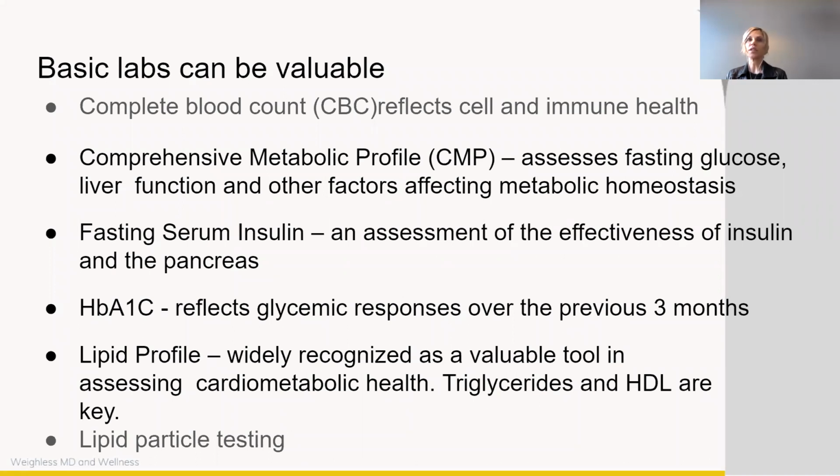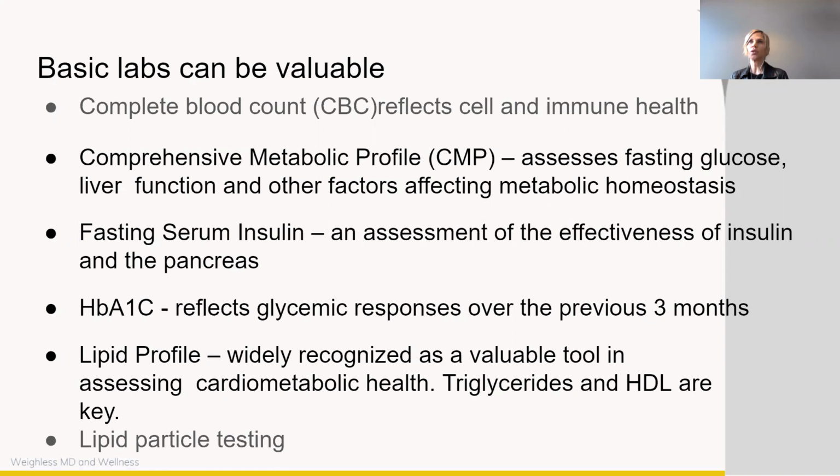Obviously, I talked about the fasting serum insulin, which I should be doing. Hemoglobin A1C is obviously a lab marker that reflects glycemic responses over a 3-month period. And that's a good test. It's not a great test because it gives you an average.